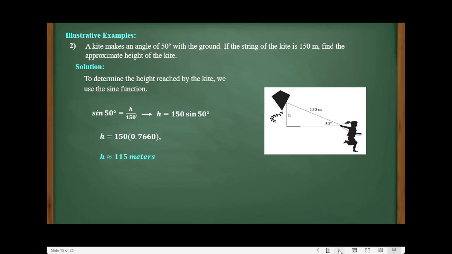We have now the height of the kite. If we round off the resulting value to the nearest whole number, that is approximately 115 meters. So that is the height reached by the kite, and this is your answer.